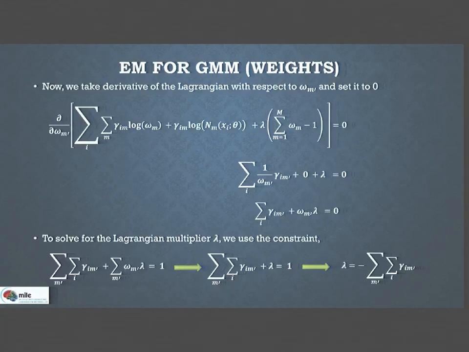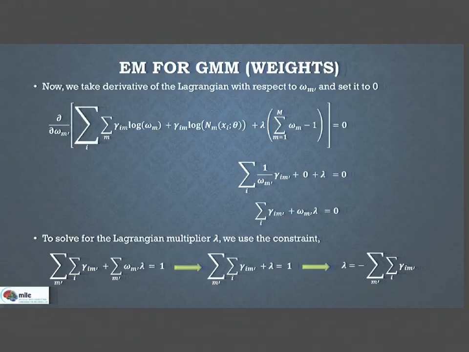You can use the constraint that we had. There is no direct way to solve for lambda, so what we do is sum this term over the index m. Gamma is a posterior density function, so you can interchange the i and m dash, because this is a bounded sum.